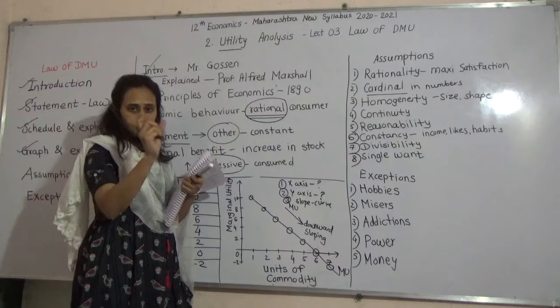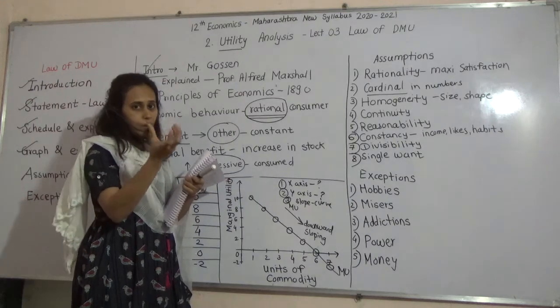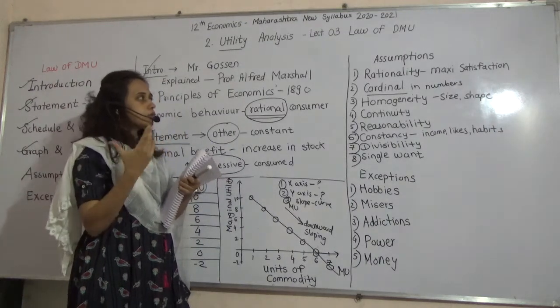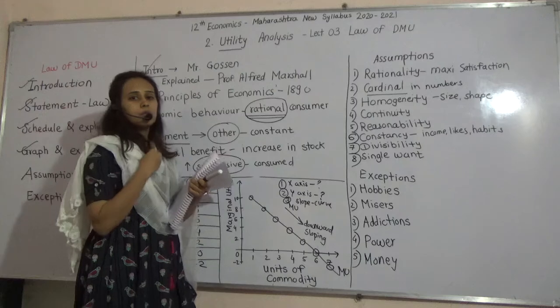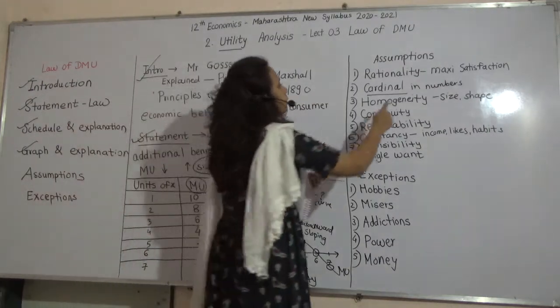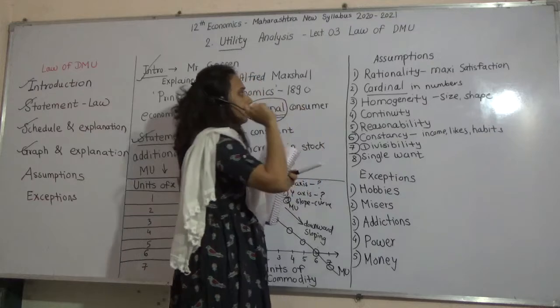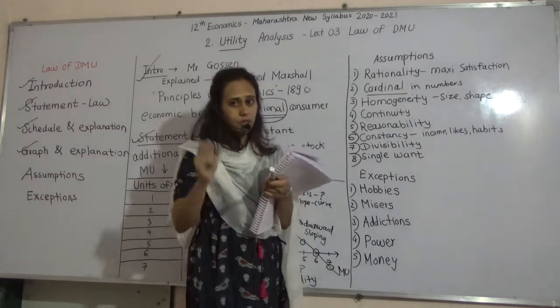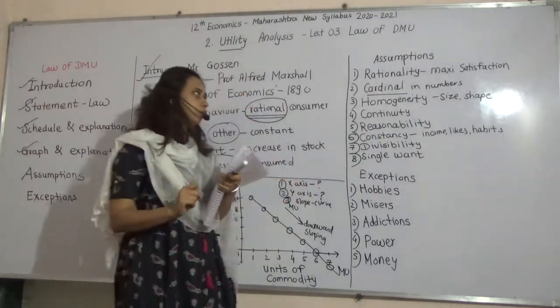In this way I can express the utility. For example, if I ate one mango and the mango is very nice, sweet, tasty, I can say that yes, I'm happy, I'm satisfied. Likewise we express it. So utility cannot be measured in numbers. That we have studied in features of utility.